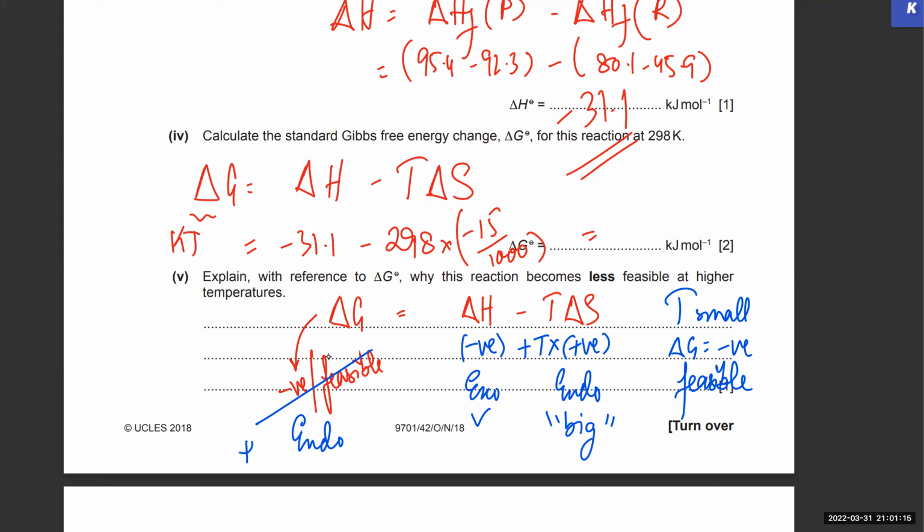It's going to come out to be positive. It's going to be not feasible. Is that clear? Yes, sir. So it's going to be less feasible at higher temperatures. I'm going to explain that if you increase T, then minus T delta S becomes more endothermic, and delta G becomes overall endothermic, or becomes positive.